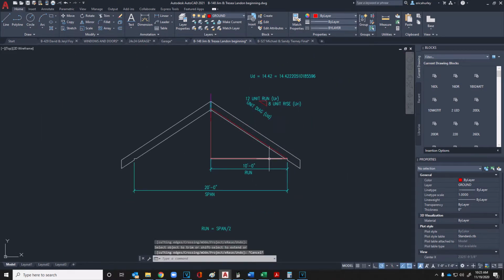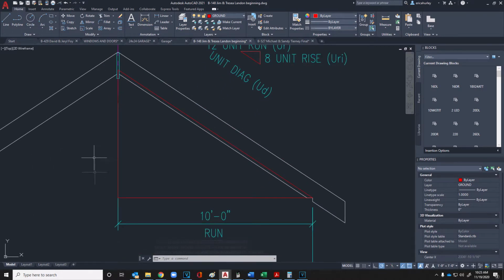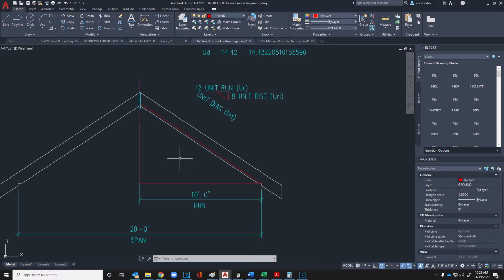All right, so you can see that this smaller triangle is equal to the larger triangle as far as a unit is concerned. So when we say that it's an 8 and 12, well, this is equal to the same thing, except it's just bigger.